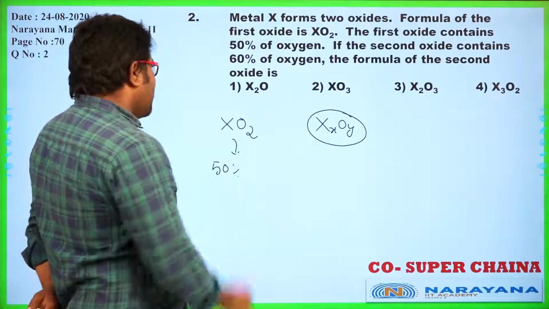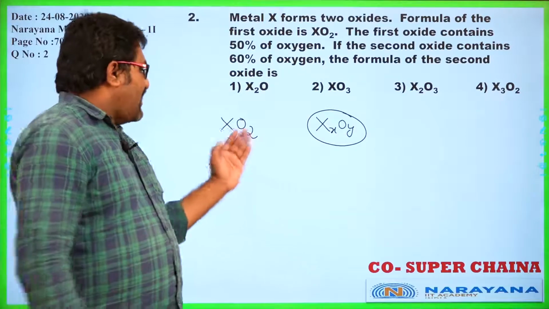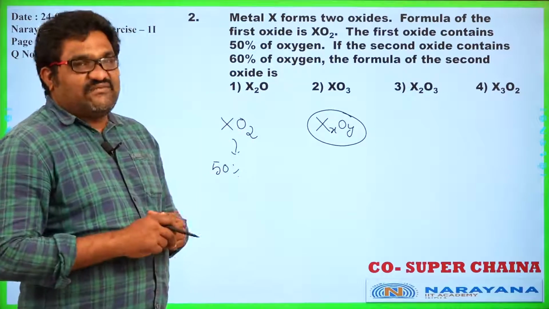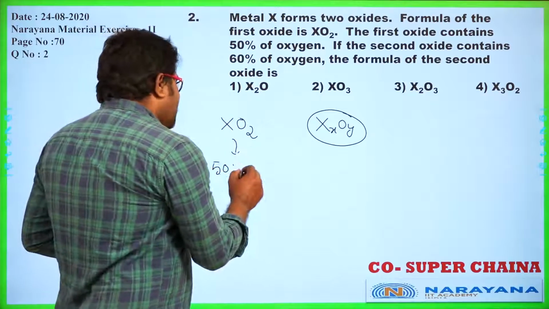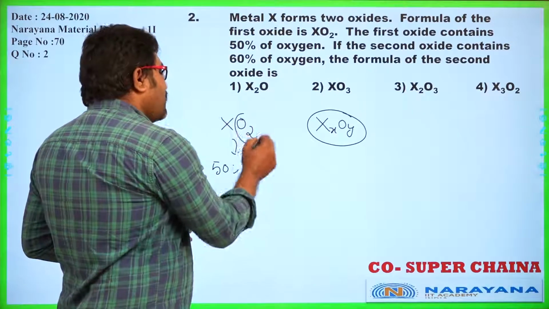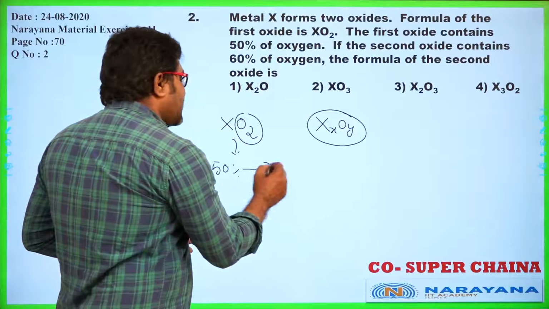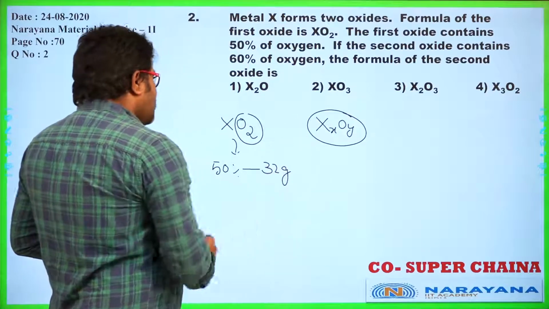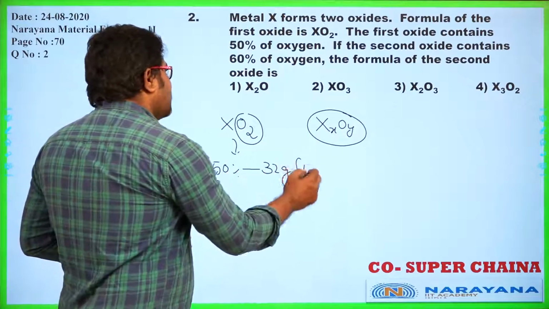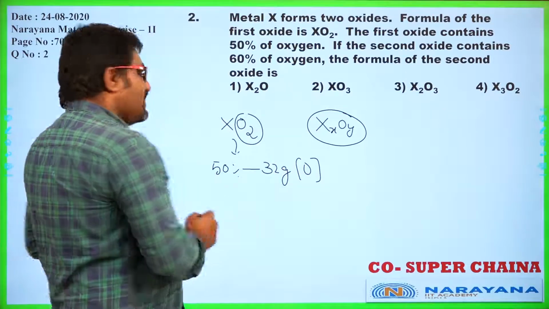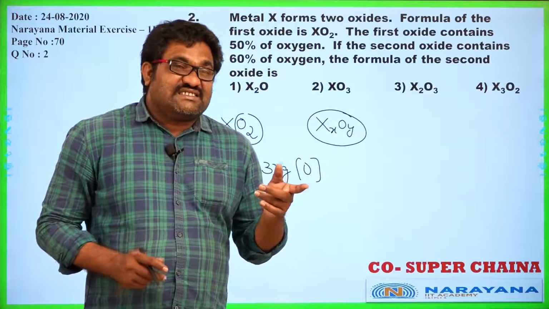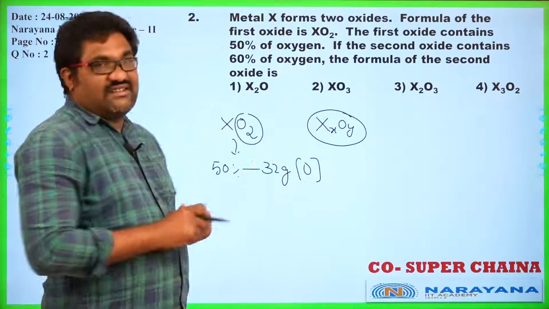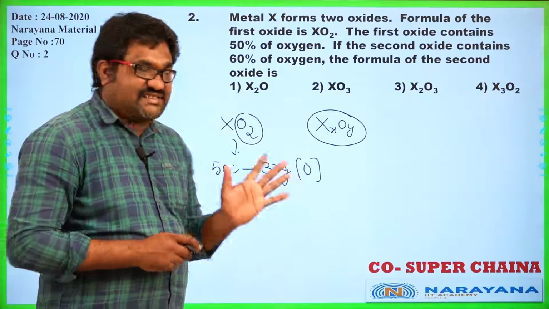That means 50% oxygen occupies how much weight in that compound? 50% means in 1 mole we have 2 oxygen atoms, 32 grams. So this is oxygen, and similarly the remaining 50% is for the metal X.